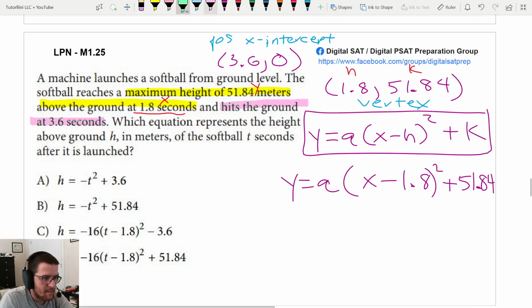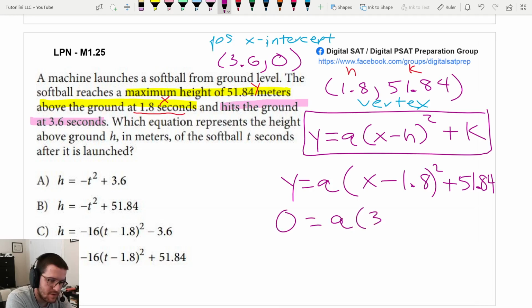But I'll show you how to do the rest of it just in case you got a student-produced response. So we plug in 3.6 comma 0 as the x and the y in the equation. So we're going to put 0 equals a(3.6 minus 1.8) squared plus 51.84.